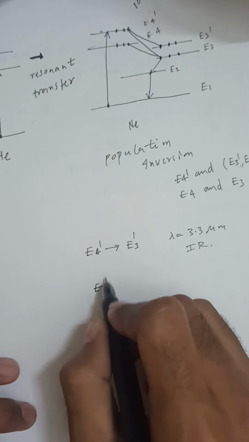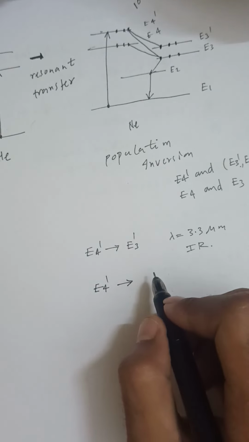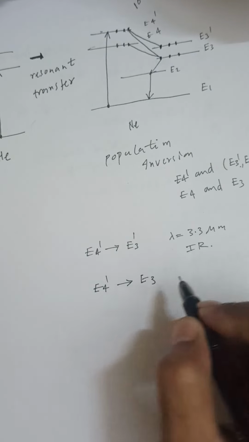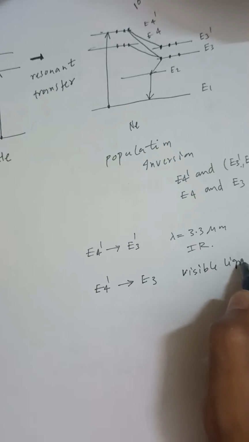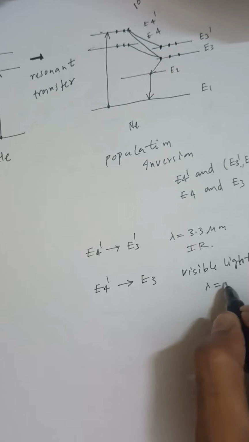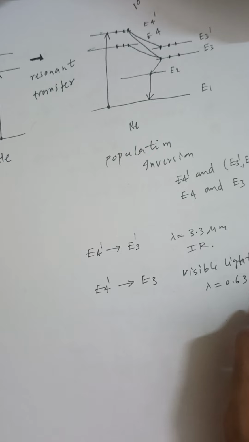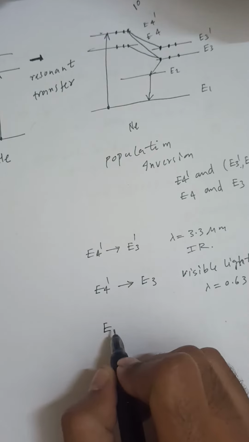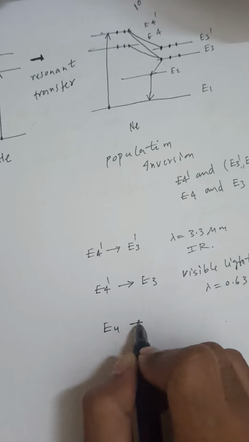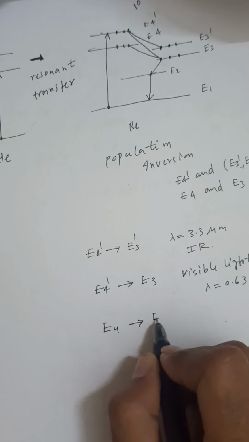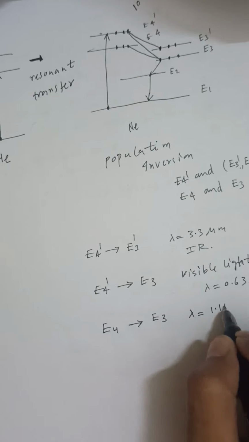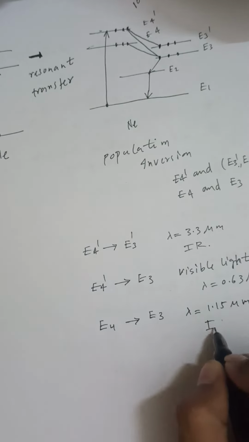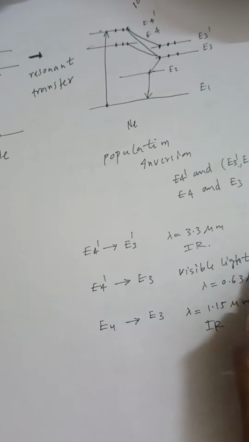The atoms which de-excite from E4 prime to E3 will emit visible light of wavelength 0.63 micrometers. Then E4 to E3 will emit radiation of wavelength 1.15 micrometers, which comes under IR radiation. So we only consider the visible one.